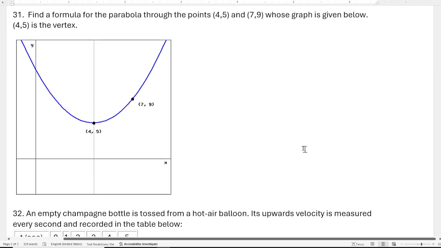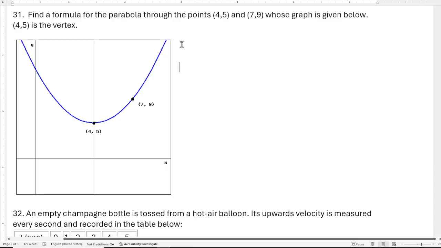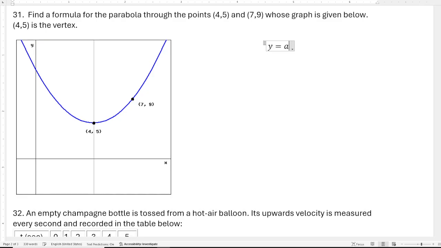Question 31. Find the formula for the parabola through the points (4, 5) and (7, 9), whose graph is given below. (4, 5) is the vertex. Because (4, 5) is the vertex, when the vertex is given, it's good to use the vertex form of the quadratic equation, which is a times (x minus h) squared plus k.